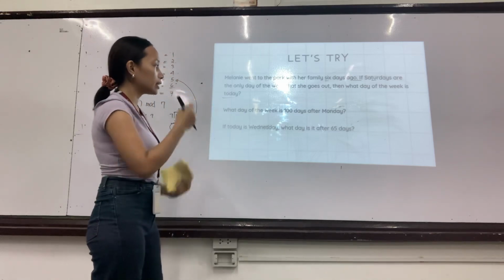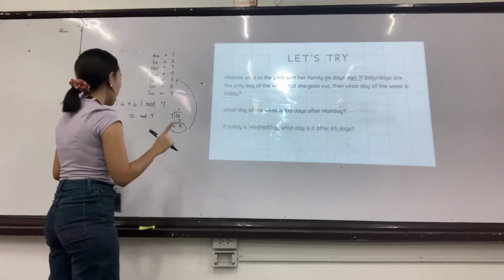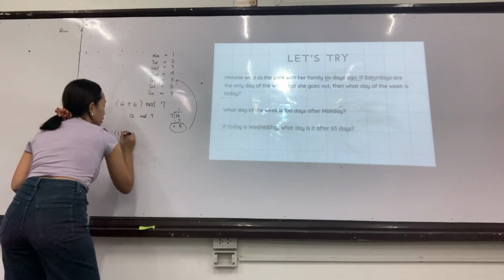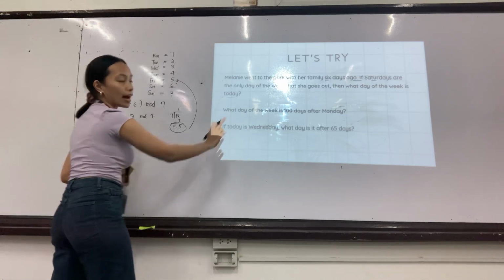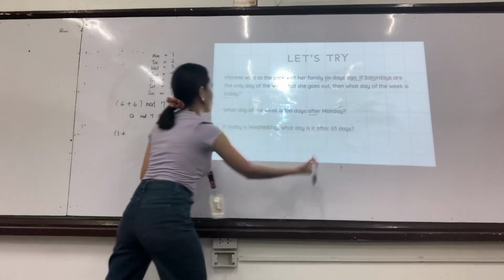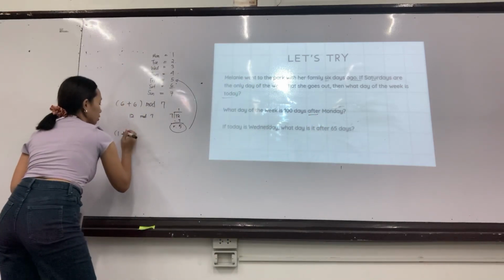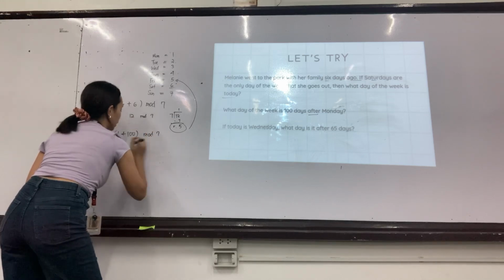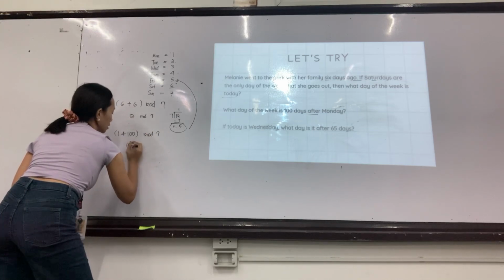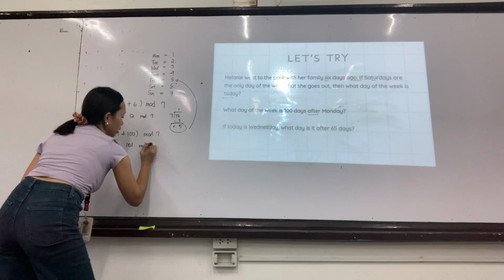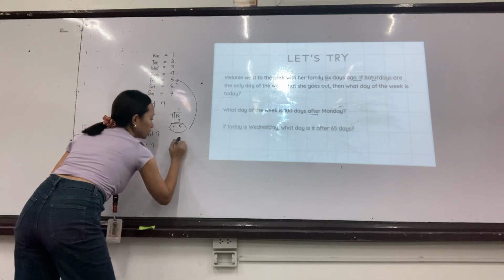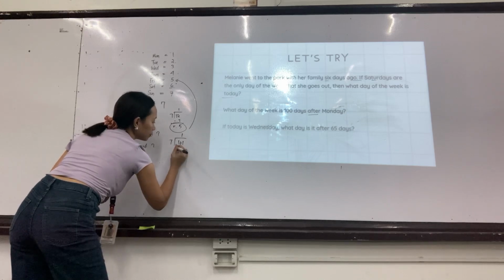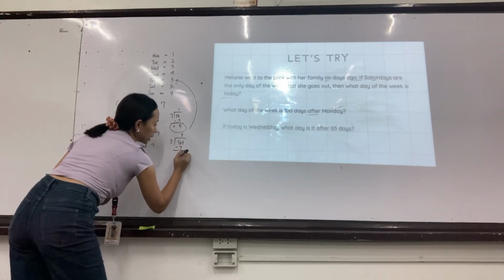And the next one is: what day of the week is 100 days after Monday? So Monday is denoted by 1, and then we add because of the word after. Take note of the word after. So we are dealing with addition. So 1 plus 100 and then modulo 7. So 101 modulo 7. We divide 101 by 7. 10 divided by 7 is 1. 10 minus 7 is 3.